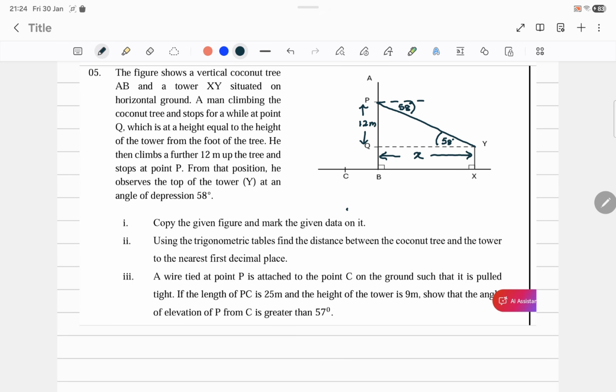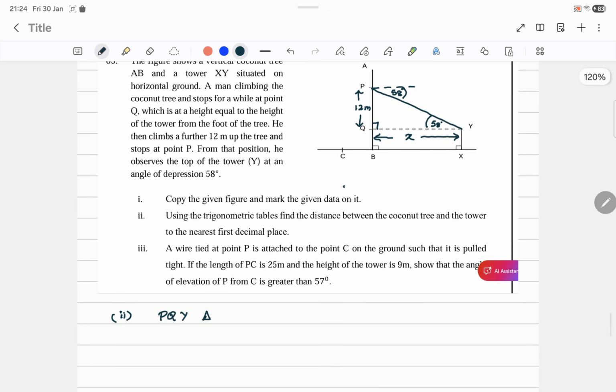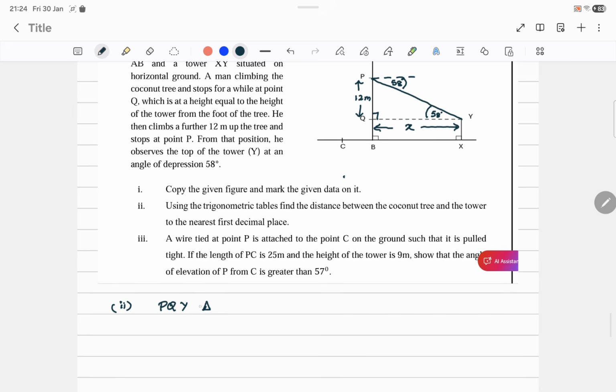So we'll use PQY right angle triangle to do that question. Second part, use PQY right angle triangle, and we can use a trig ratio. No? What's the trig ratio we can use? We know 12, we want to find x, and we have 58 angle. So what does those three connect? This is opposite, this is adjacent. So which ratio?